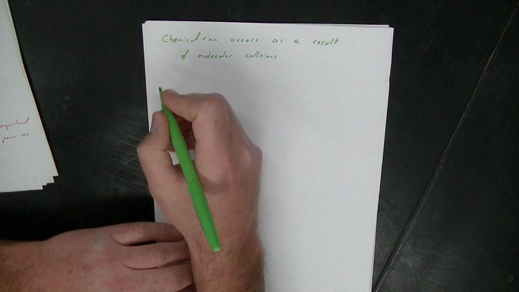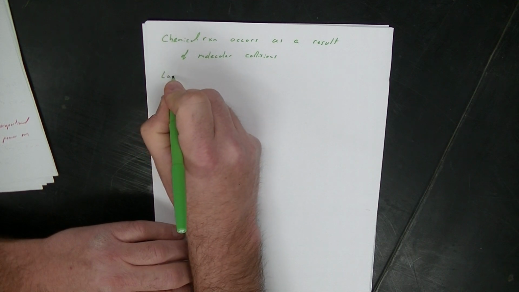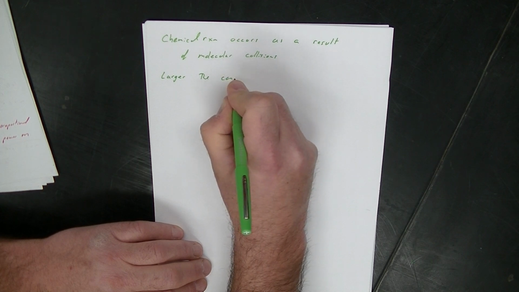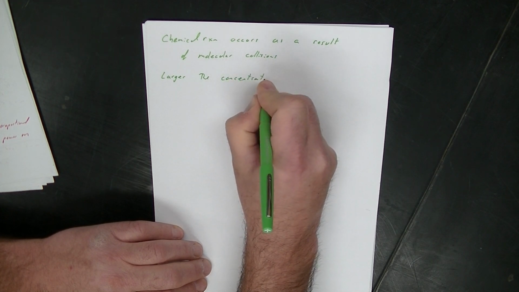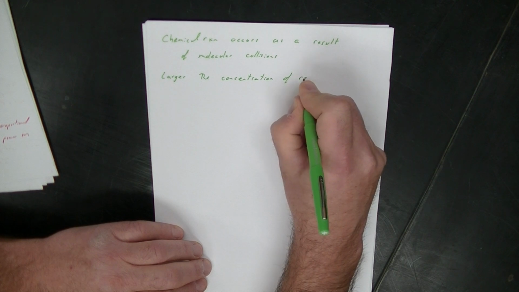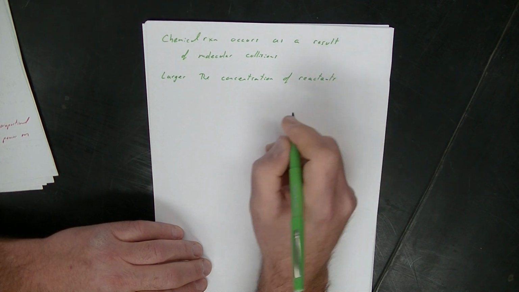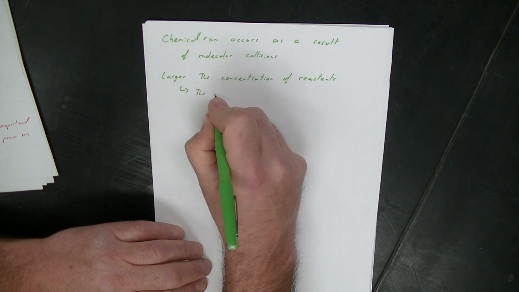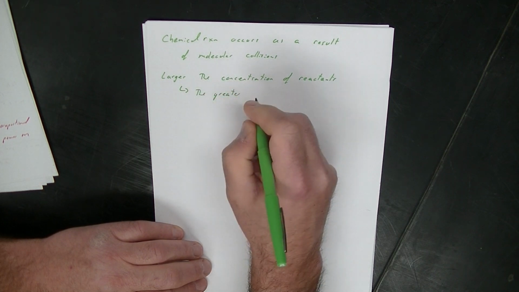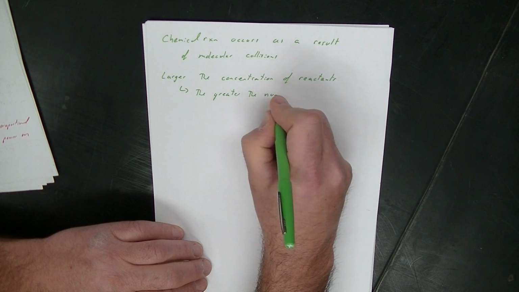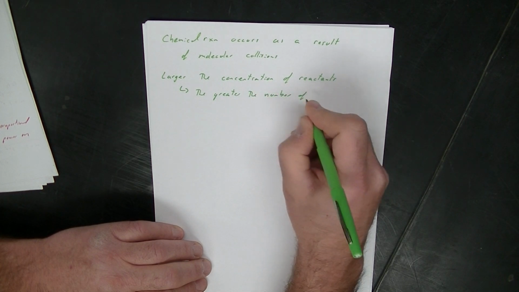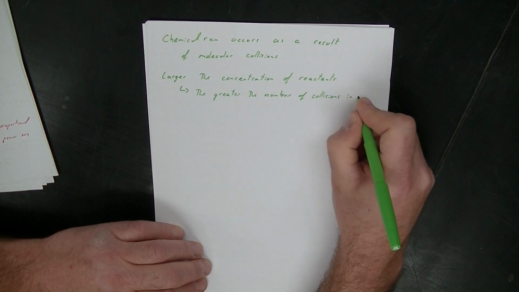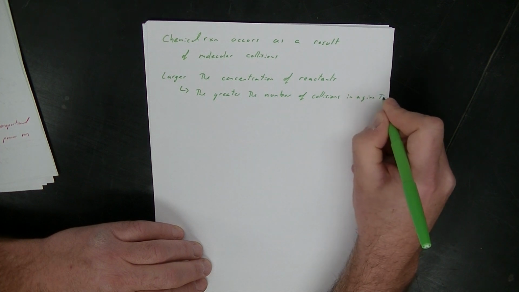So that means the larger the concentration of reactants, the greater the number of collisions in a given time.